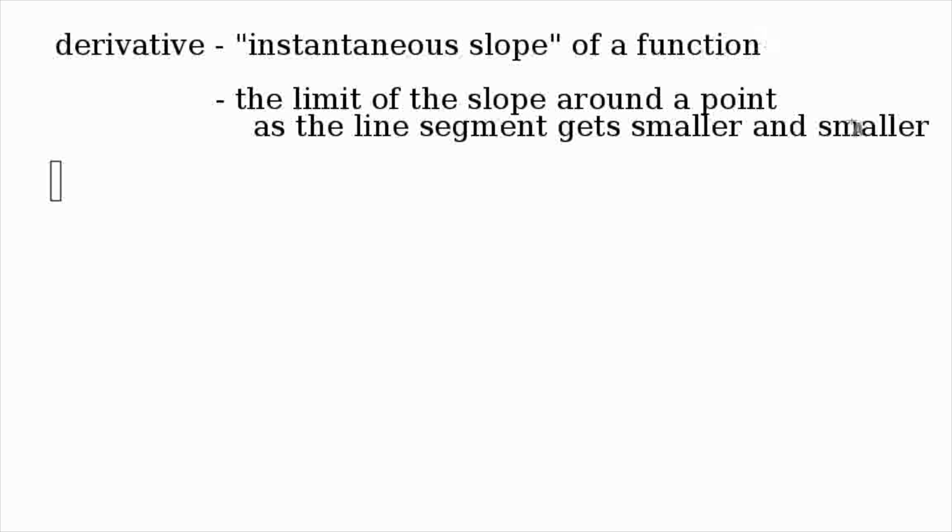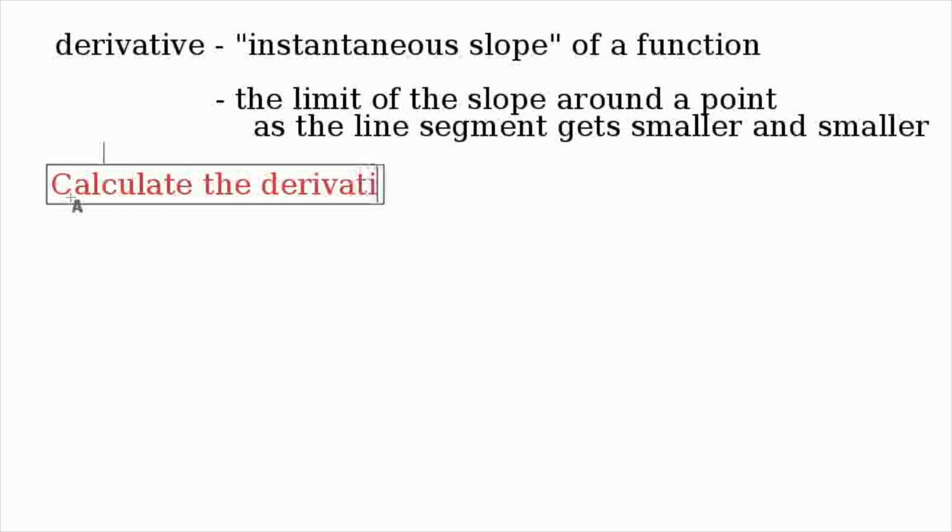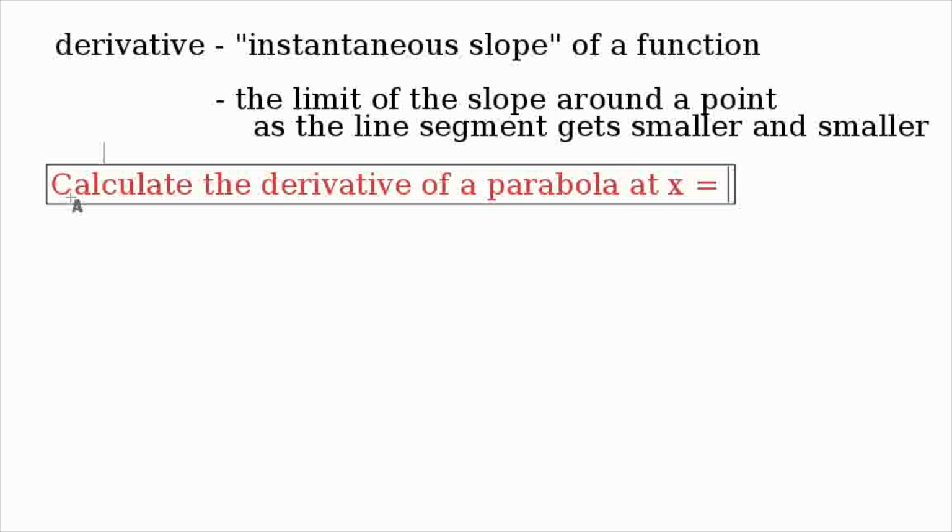All right. So an example is probably the best way to help this to make sense. So let's do this. Calculate the derivative, in other words, the instantaneous slope of a parabola y equals x squared at x equal to 2.